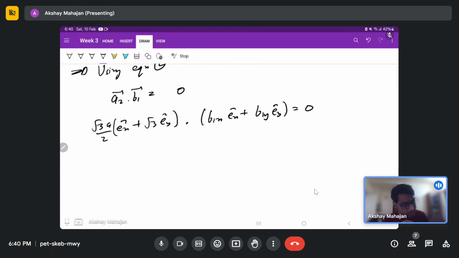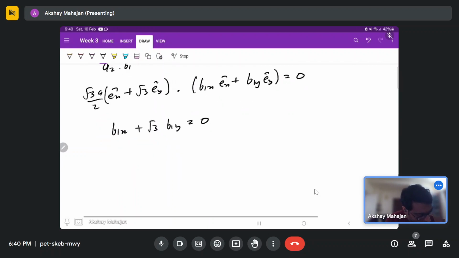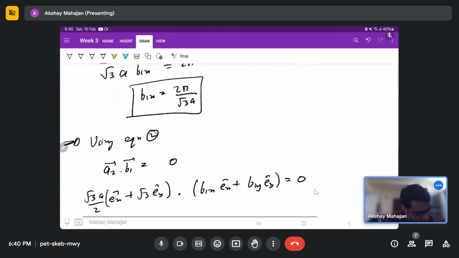So I can take this root 3a by 2 and move it to the 0 side, so that is not needed, and ex cap dot ey cap will be zero, and ex cap dot ex cap will be 1, ey cap dot ey cap will be 1. So from here we will have b1x, from ex dot ex, and root 3 times b1y equals 0. So my b1y is equal to minus b1x by root 3, and b1x we have already found.